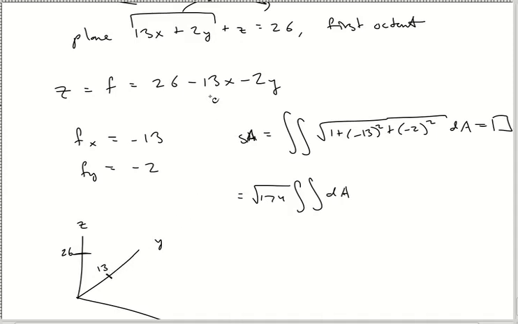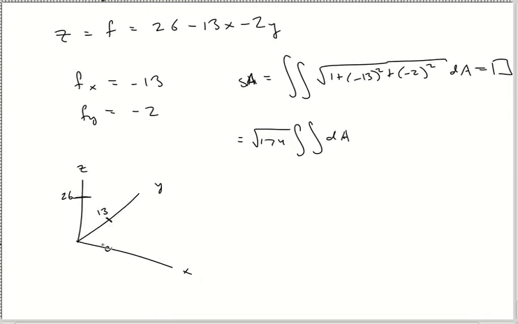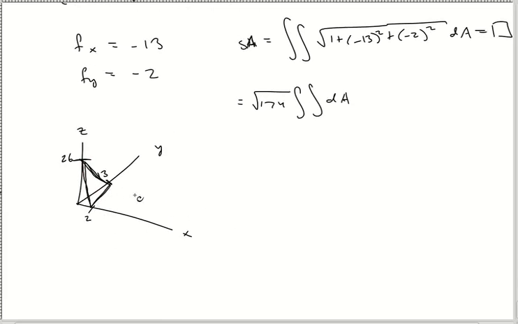And if you set y and z equal to 0 and solve for x, you'll find it's simply 2. So this plane looks like that. This is my plane, and we want the surface area of that plane.